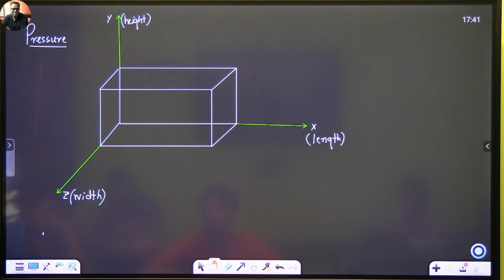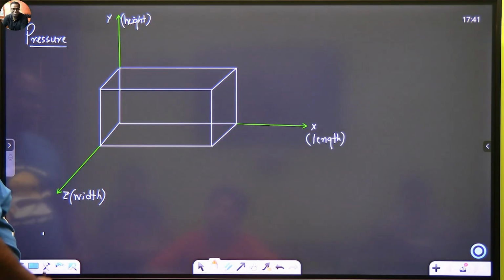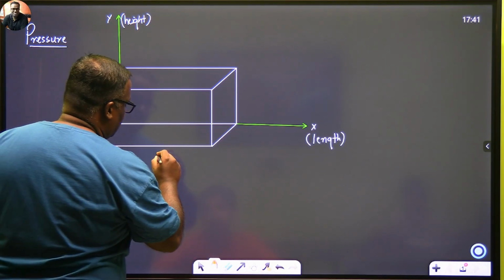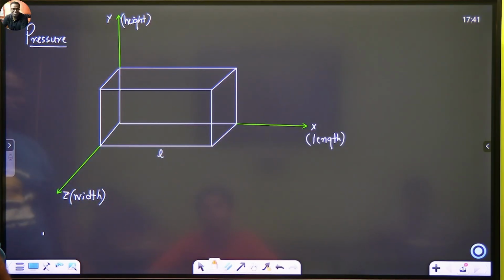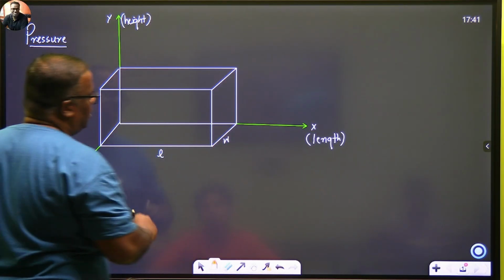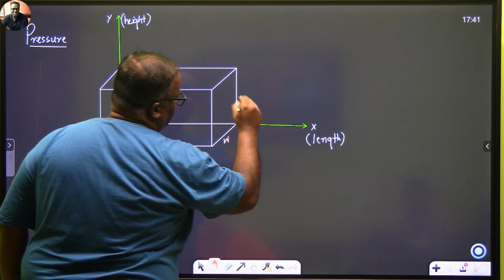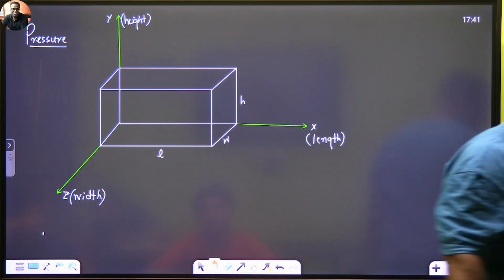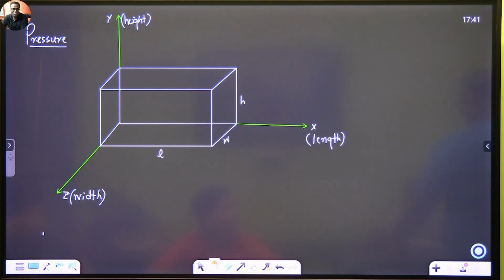Right. Our objective is to understand the concept of pressure, and in order for pressure to exist, there has to be a force. So what we'll now understand is how a force acts on this particular object, or to be more precise, on a face of this object. How should the force act so that it qualifies for contributing to pressure?